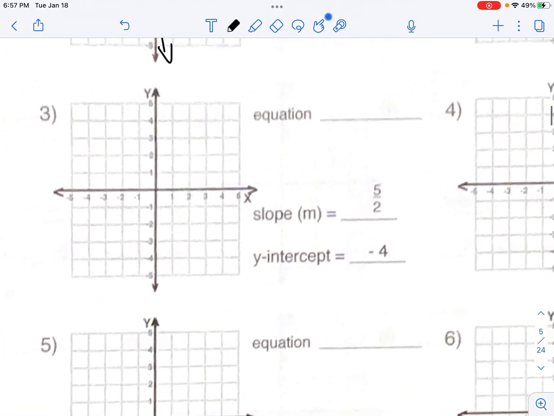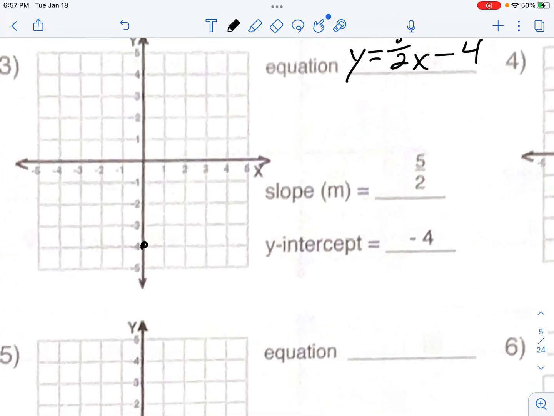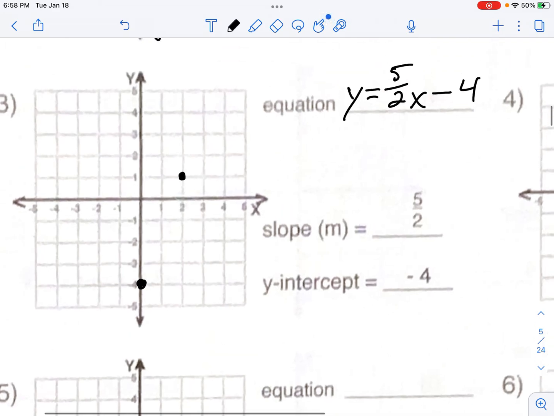Number 3. You're given the slope, which is 5 over 2, and the y-intercept is negative 4. So plot negative 4, and then we're going to go up 5 (1, 2, 3, 4, 5), right 2. And you can't really get another one on the graph.